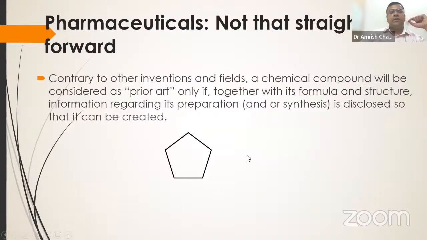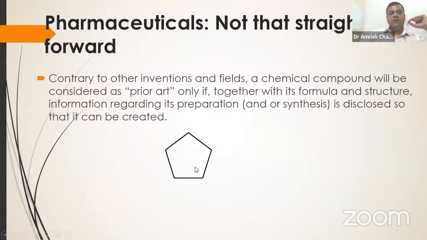So for pharmaceutical patents, say you have a structure like a pentagon. Say you were the first one to invent this pentagon, and the patent agent or the patent examiner says that I have seen this particular mark on the T-shirt of Superman.